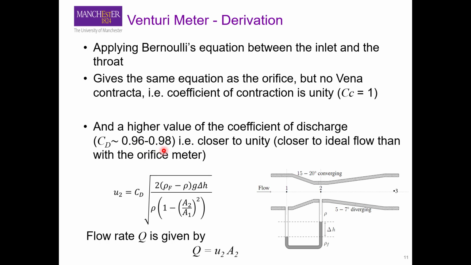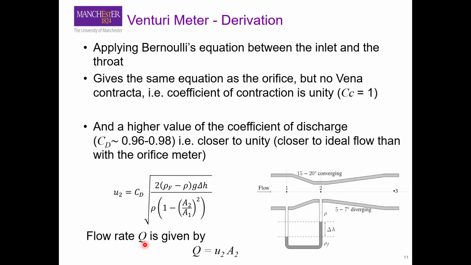It means that your actual velocity is going to be very close to your ideal velocity, because here the fluid is not facing any resistance. It is a very smooth transition from a converging section to a parallel-sided throat and then to a diverging section. Okay, so your velocity has the same formulation, but the value of CD is different now.